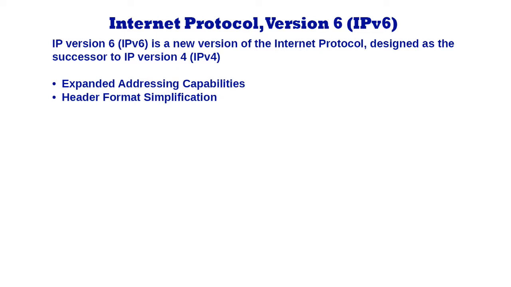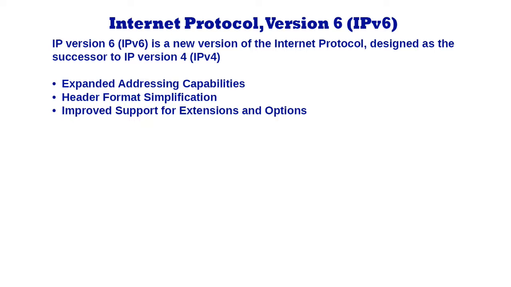Second, header format simplification. Some IPv4 header fields have been dropped or made optional to reduce the common case processing cost of packet handling and to limit the bandwidth cost of the IPv6 header.